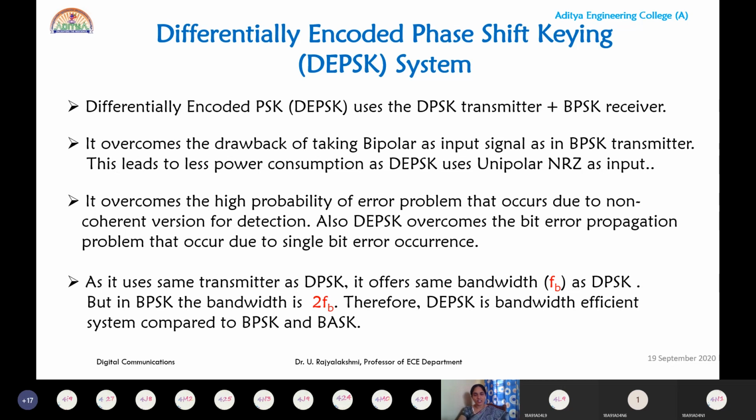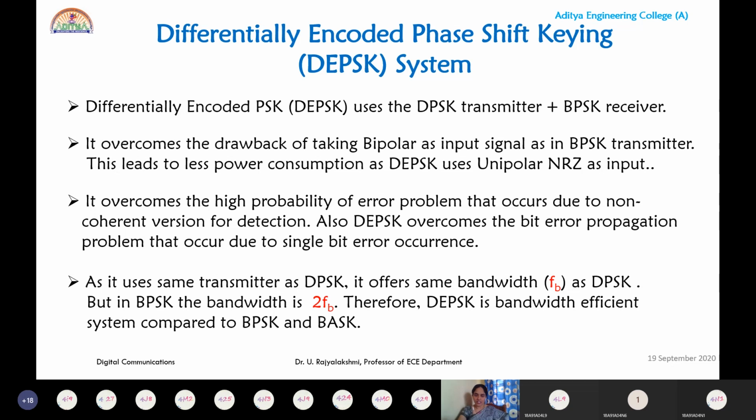Already we discussed in the last class that the bandwidth of DPSK is FB. Because what is the general bandwidth of any M-ary PSK? We defined it as 2FB by N, where M is equal to 2 power N, or N is log M base 2. Based on the number of bits transmitted per symbol, our bandwidth will differ.